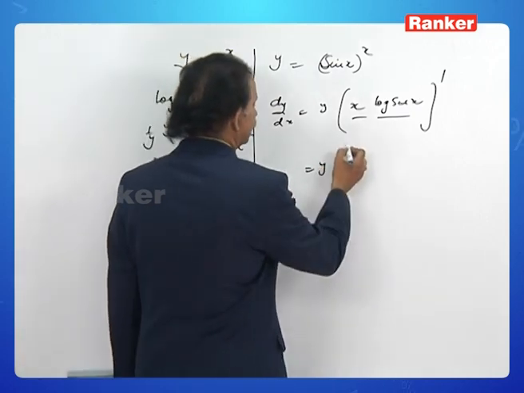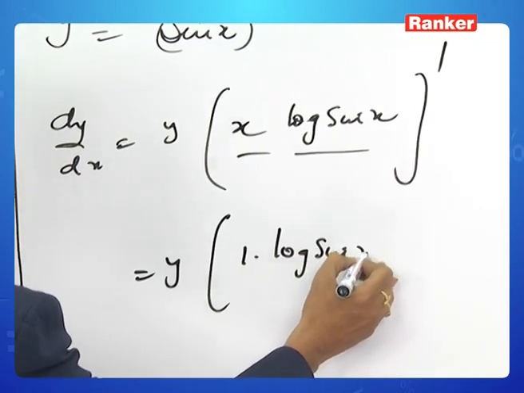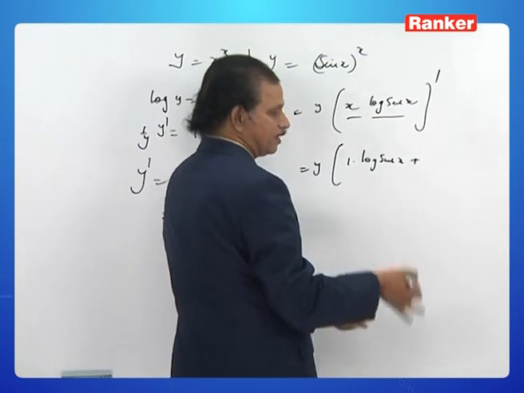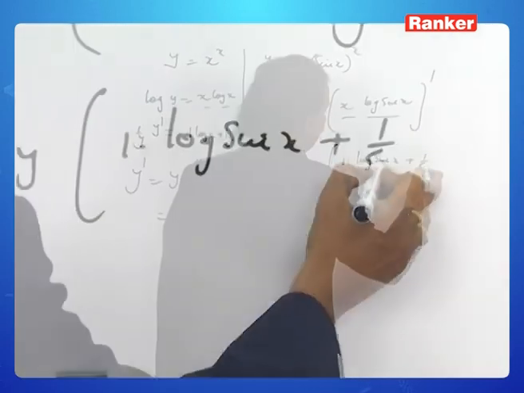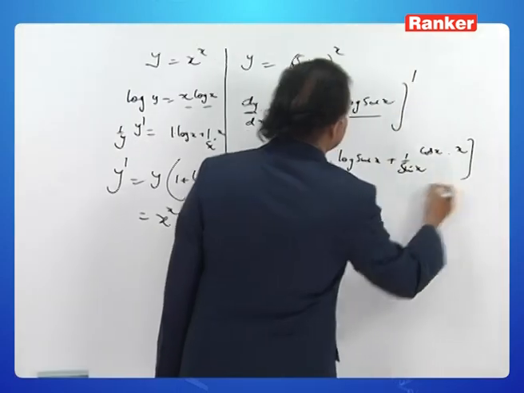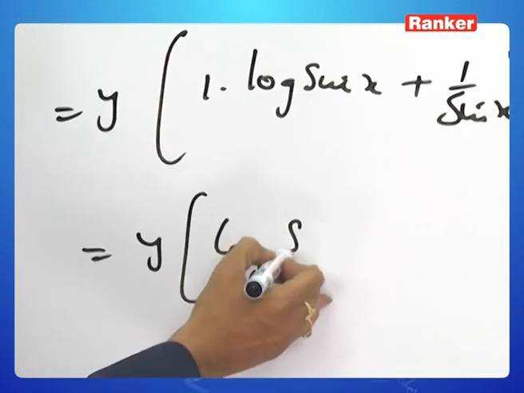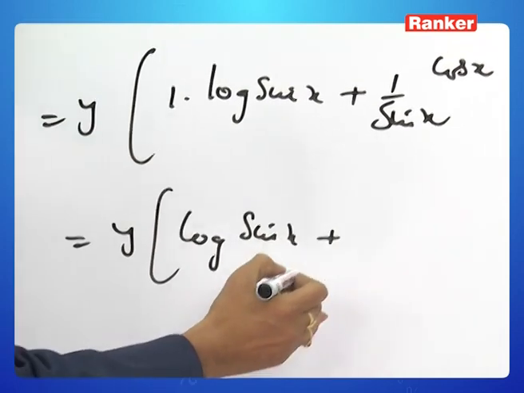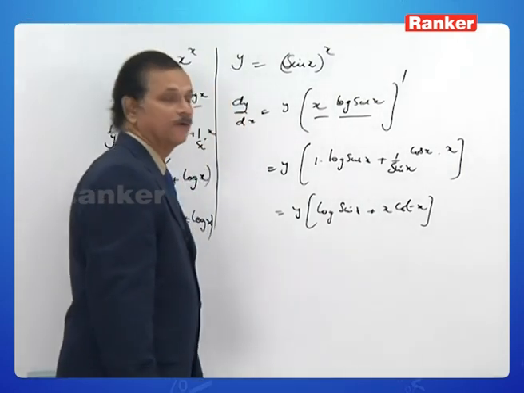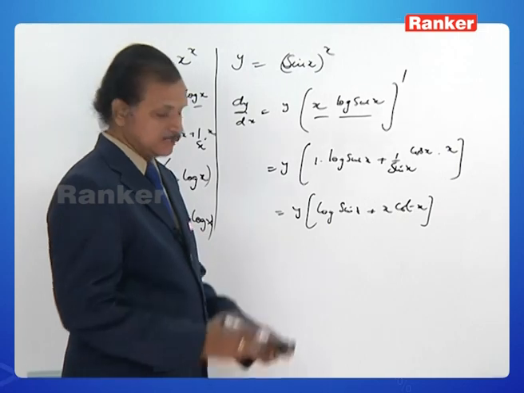It is nothing but y into u derivative into log sin x plus derivative of log sin x. For log sin x, it is 1 by sin x, and for sin x, it is cos x. This is v derivative into u. This is therefore y into log sin x plus x cot x. X cot x, that's all. What is y? Sin x whole power x.